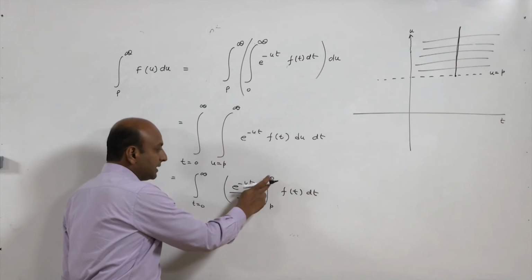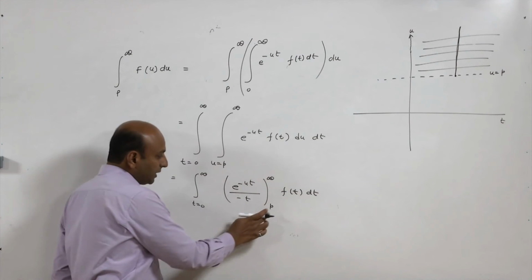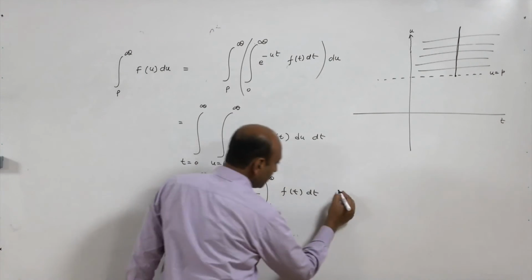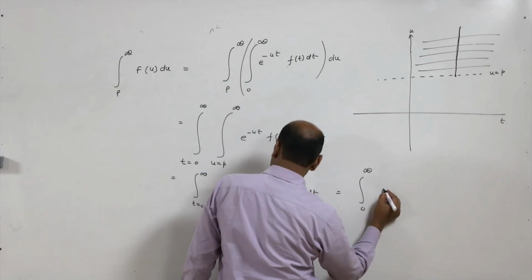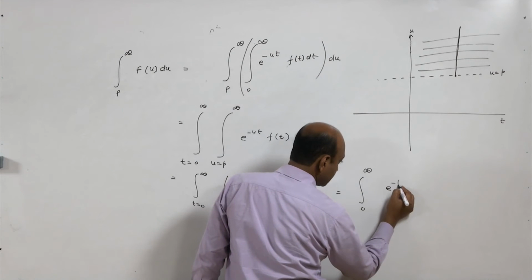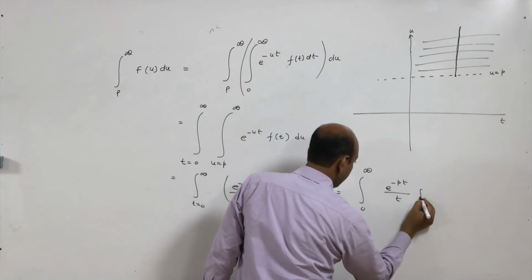When u tends to infinity it tends to 0, and when u tends to p, it is nothing but the integral from 0 to infinity of e to the power minus p t upon t, f(t) dt.